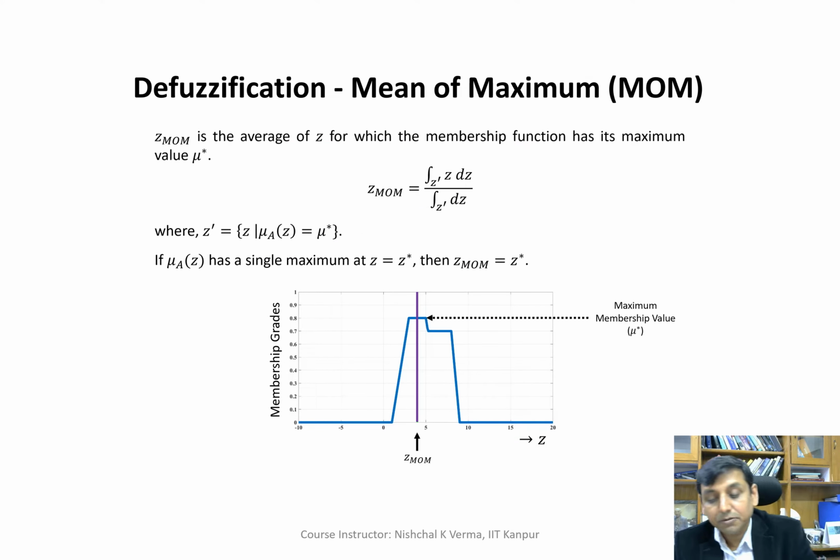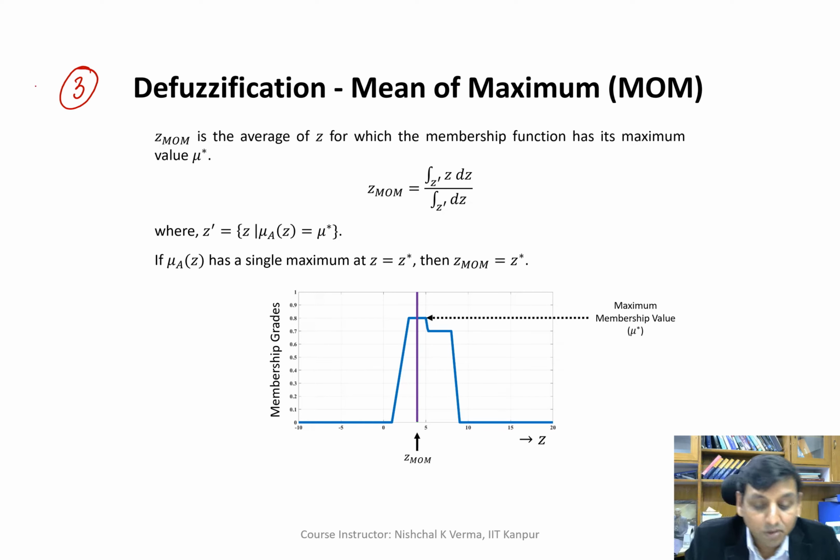Similarly, we have the mean of maximum. This is very simple. There is no calculation normally needed. We see that the maximum is here in this case. So we first take all the maximum portion, and then we take the mean of that.